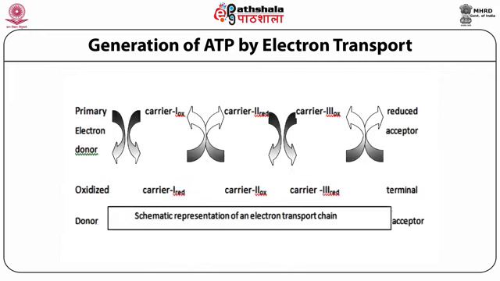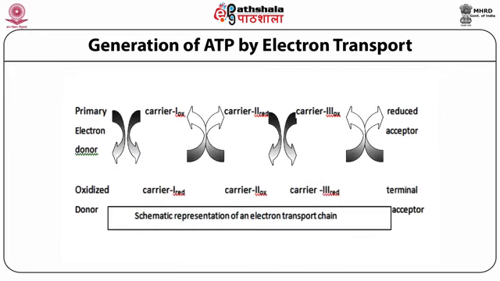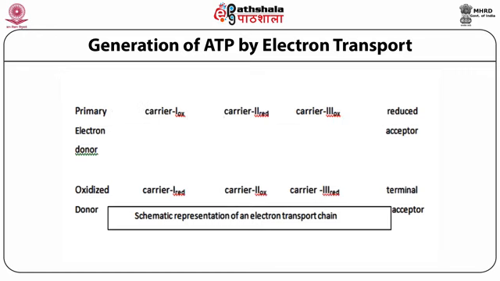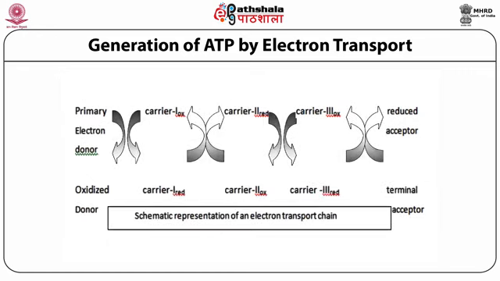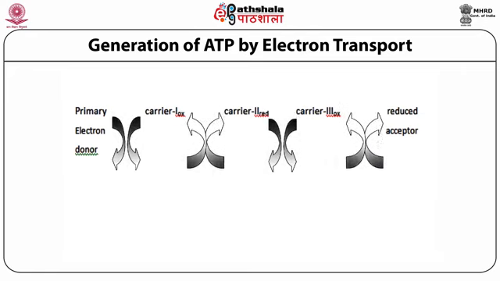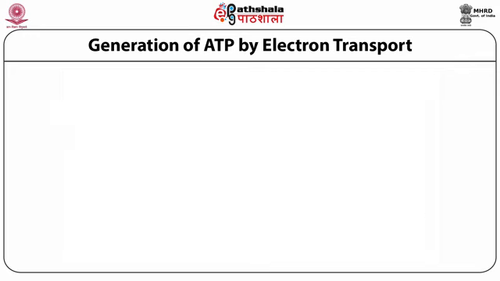The components of the chain are carrier molecules capable of undergoing reversible oxidation and reduction. Each member of a chain is capable of being reduced by reacting with the carrier molecule that precedes it, and it is oxidized by the carrier molecule that follows it.